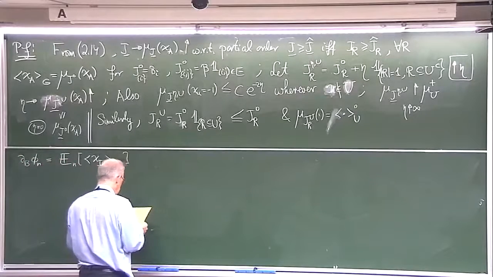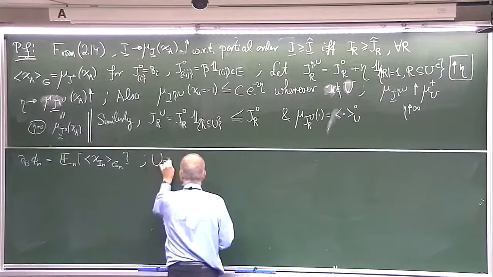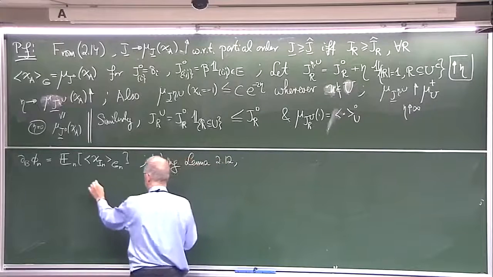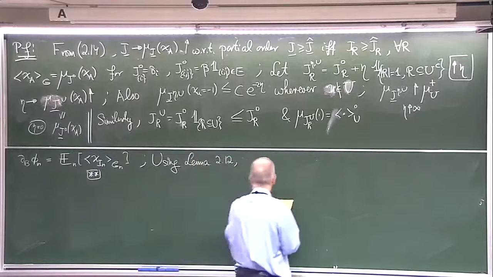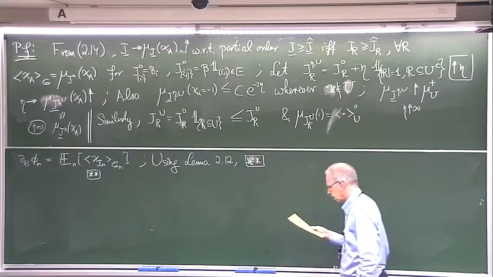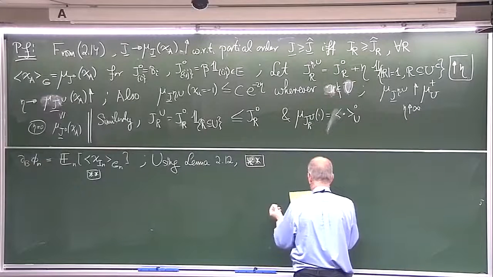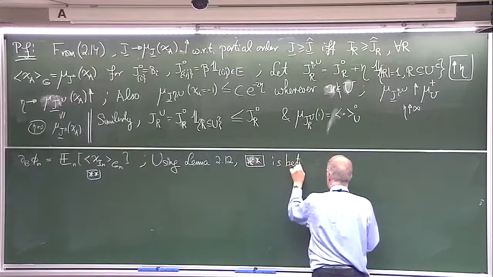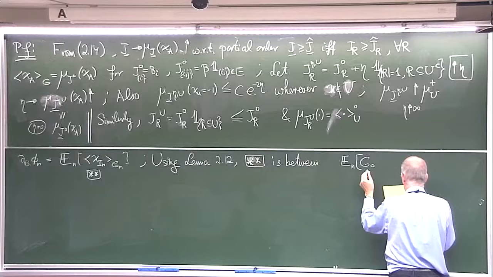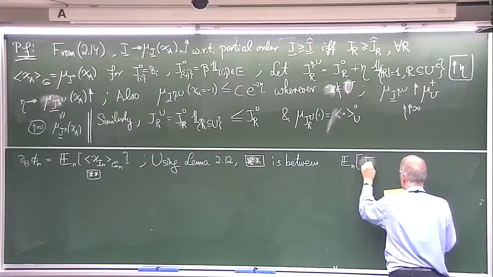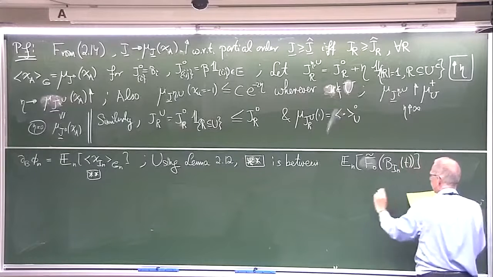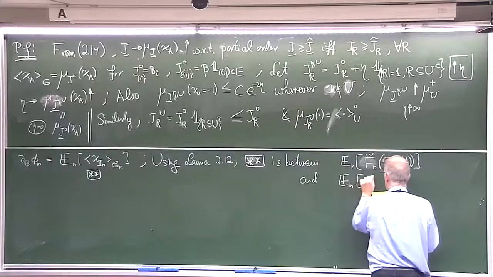And let me write, I claim that using lemma 2, the derivative is between E_n of F tilde 0 and E_n of F tilde plus.